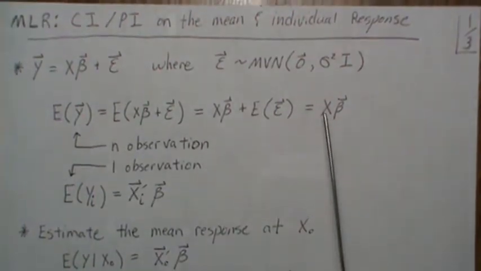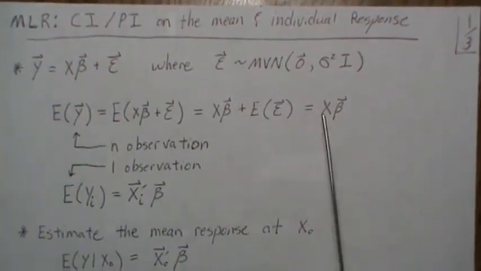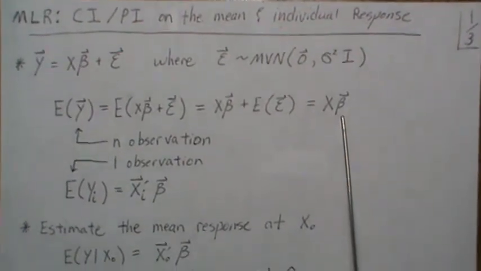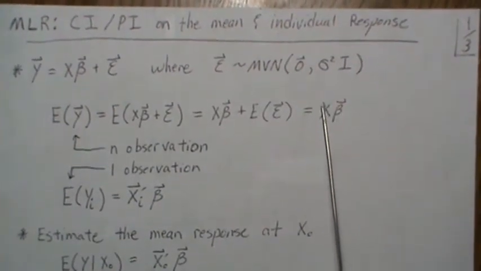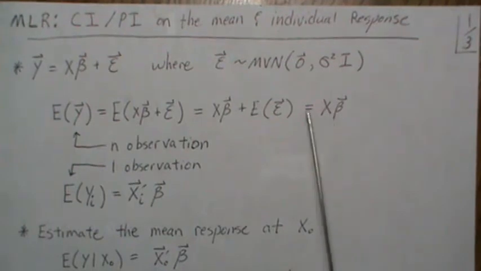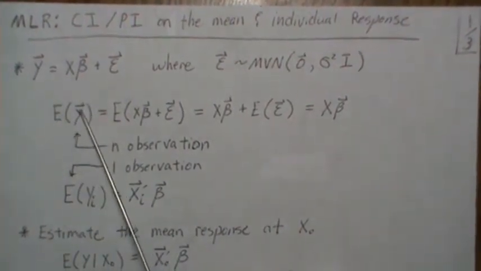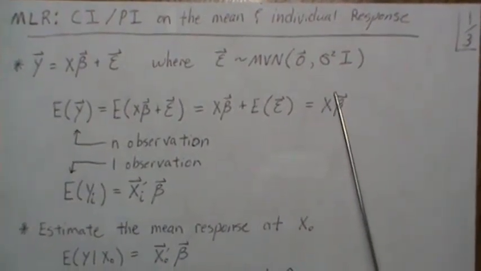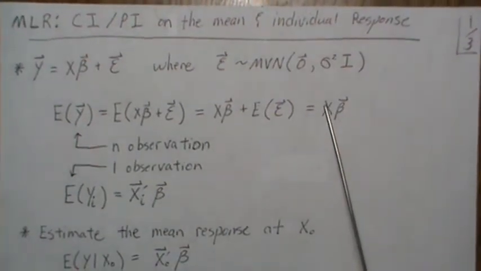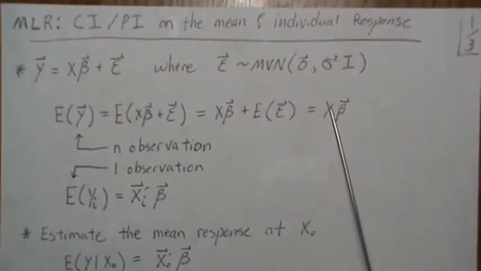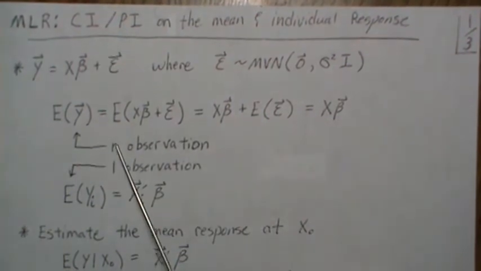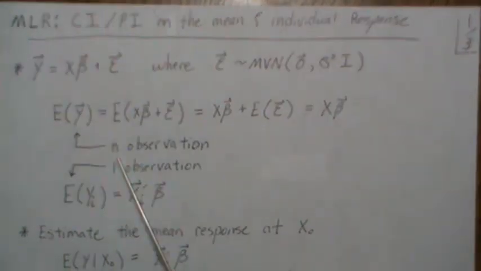And this is an n by k plus 1 matrix, and this is a k plus 1 by 1 vector. So this is an n by 1 vector. And so the expected value of this vector is you find the expected value of each component. But that's not what we're doing in this video. That's also clarification for some previous videos.